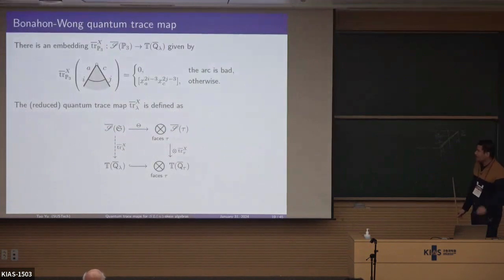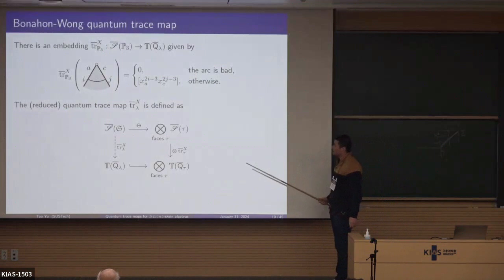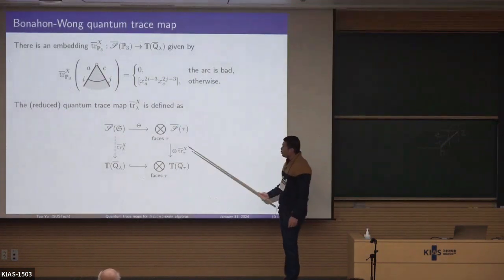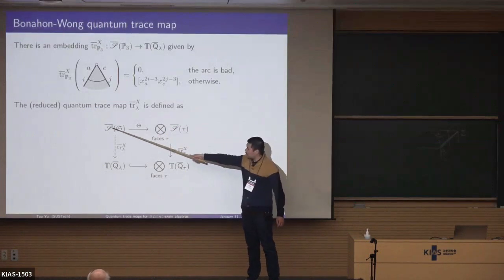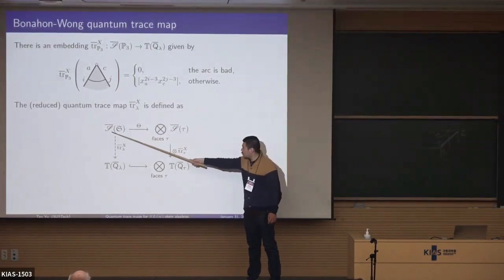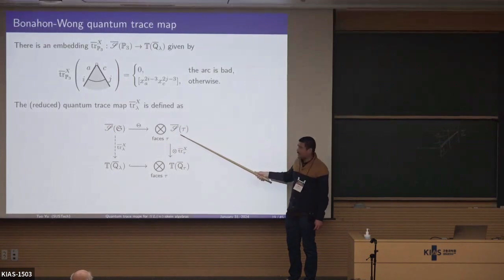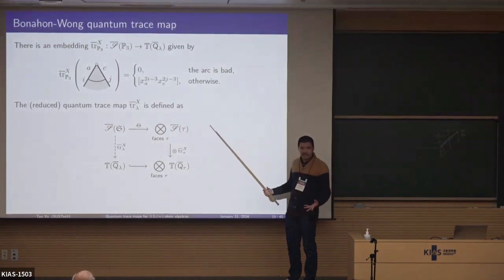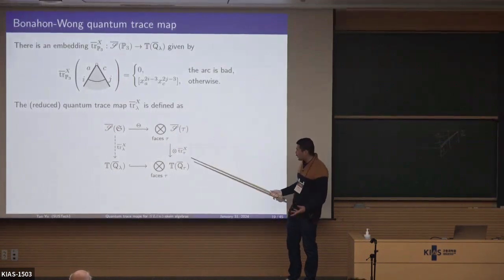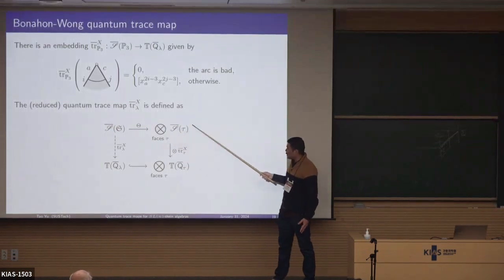And now I'm going to finally define the first quantum trace map, which is given by Bonahon-Wong, but probably not in this form. So what we do here is if we start with the surface, we go to the reduced skein algebra, cut along all the edges, and then now the surface is just a disjoint union of a bunch of triangles, and then we get a tensor product of one for each triangle.